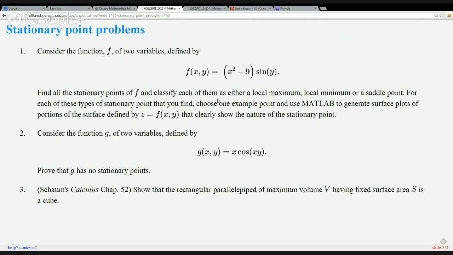So these expressions now can go into our expressions for dV/dx and dV/dy up here. We put those into dV/dx and dV/dy, and we look for the zeros.